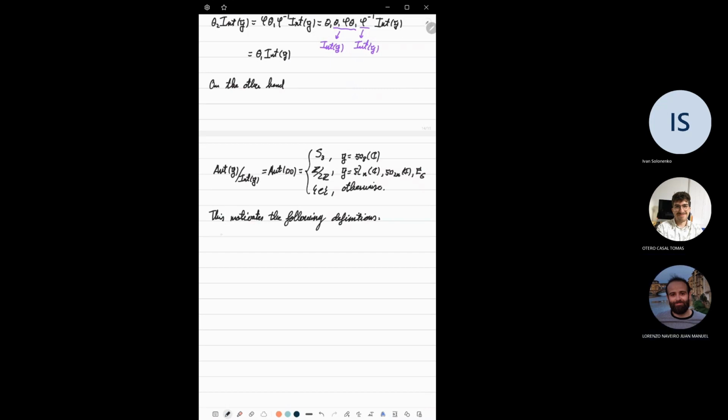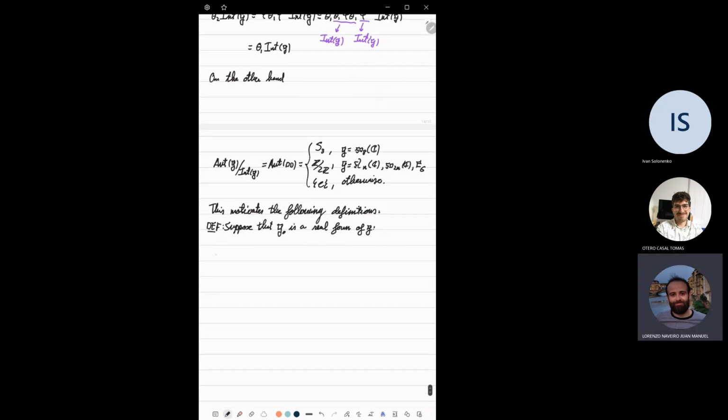So suppose that G0 is a real form of G. So we will say that G0 is of the first kind if its corresponding involution is simply an inner automorphism.